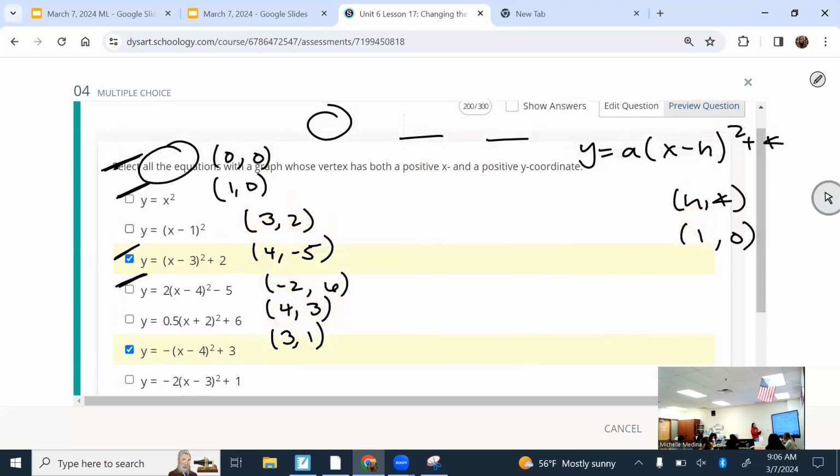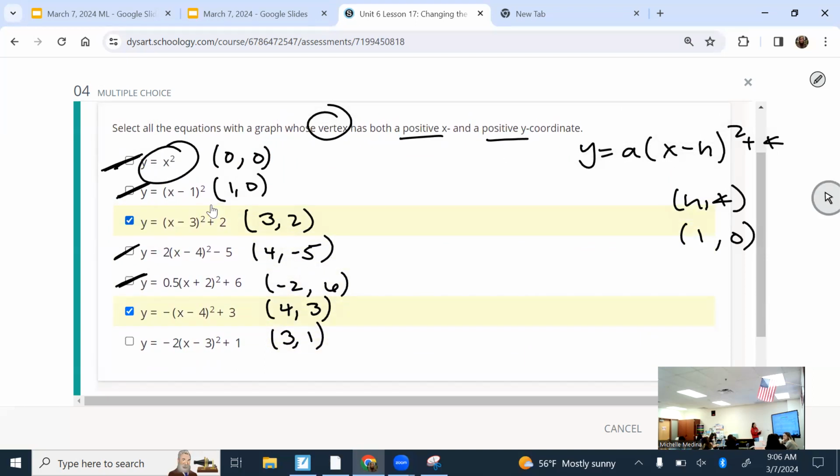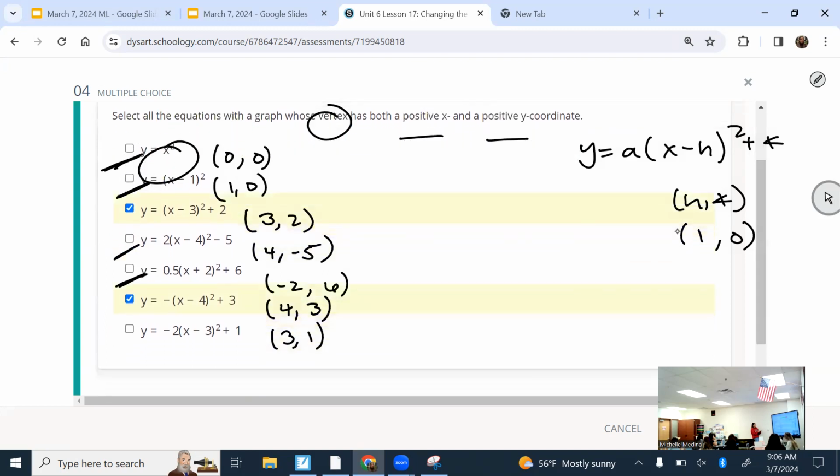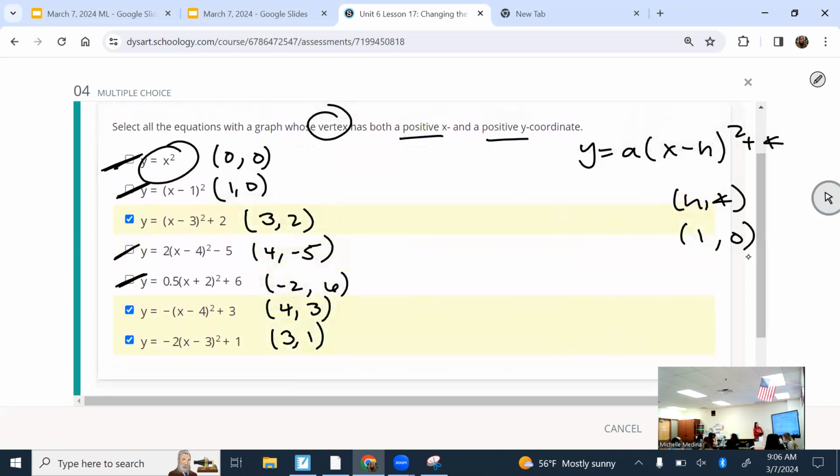And it looks like the key is wrong, so let me make sure I'm not making a mistake. Okay, no, the key is right. So it should be those 3.